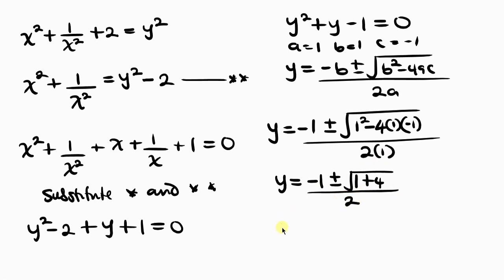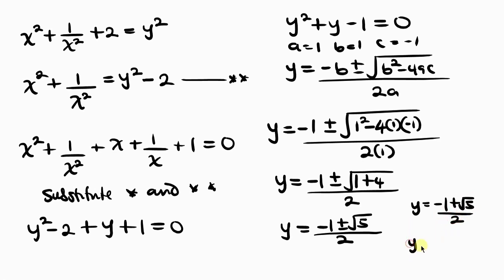And then lastly, this gives y to be equal to negative 1 plus or minus the square root of 5 all over 2. So we've got two values for y here, which we're going to be splitting. We've got y to be negative 1, go with a positive, plus the square root of 5 over 2.